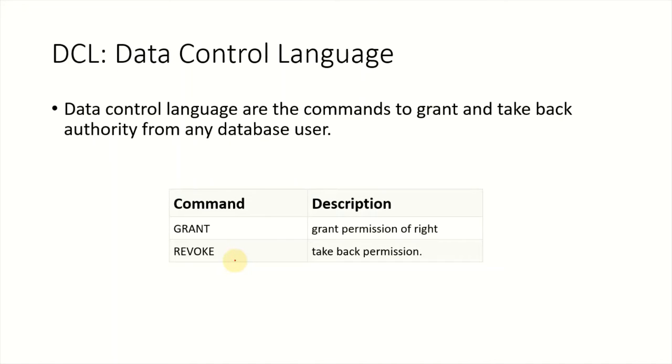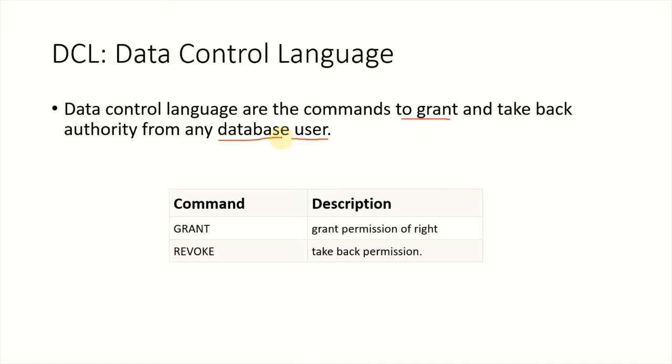Next we have data control language. Data control language is used for granting permissions or granting privileges to users. It is possible that we may have multiple users of a single database.